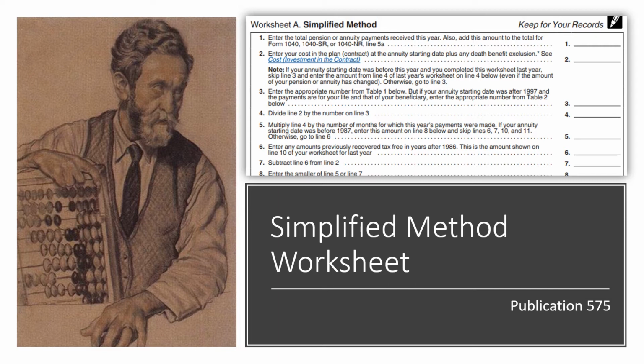If you're in a situation where you need to find out what that tax-free portion is to figure out retroactively what amounts are previously recovered tax-free payments, then you would want to maybe go to Publication 575.